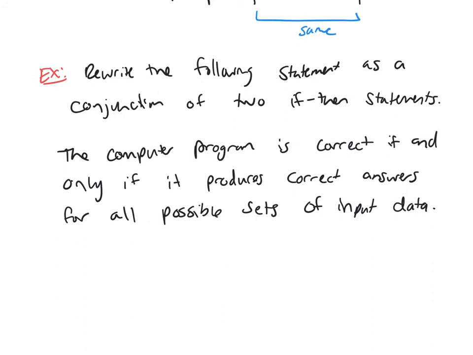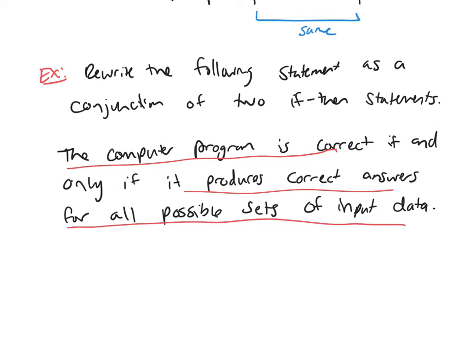So let's look at our two statements that are here within this if and only if. The computer program is correct if and only if it produces correct answers.